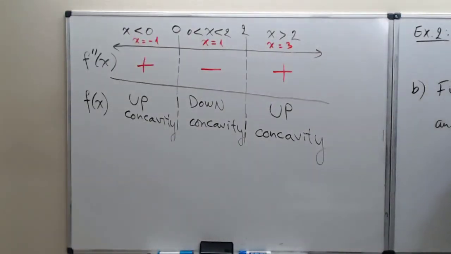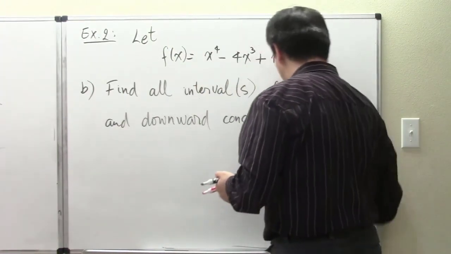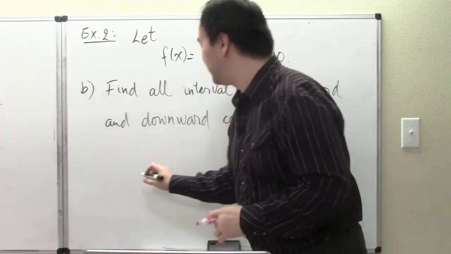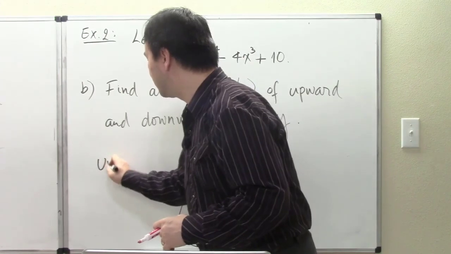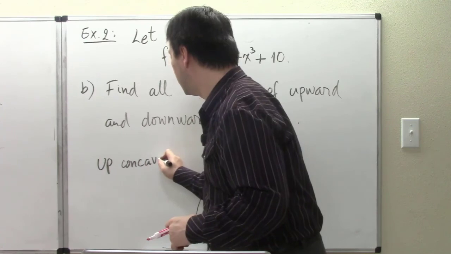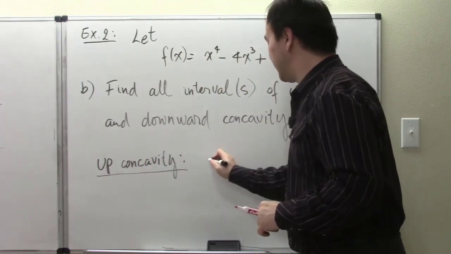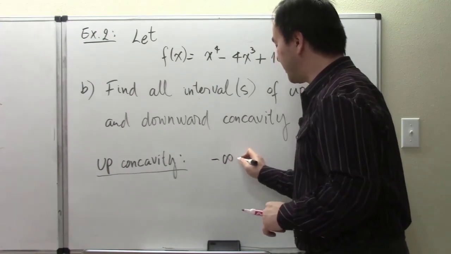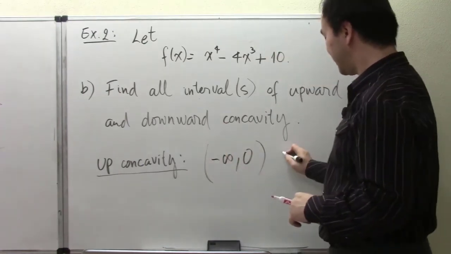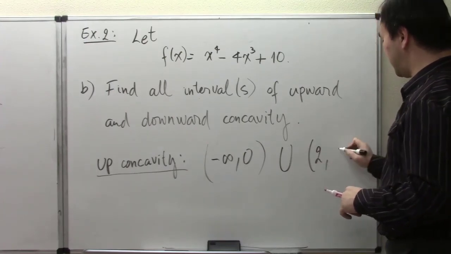So let me now get back to my other board. For this part B of our example, concluding, we're looking at upward concavity. We're having that in two intervals. One of them is anywhere between minus infinity and 0, and the other interval is anywhere between 2 and positive infinity.